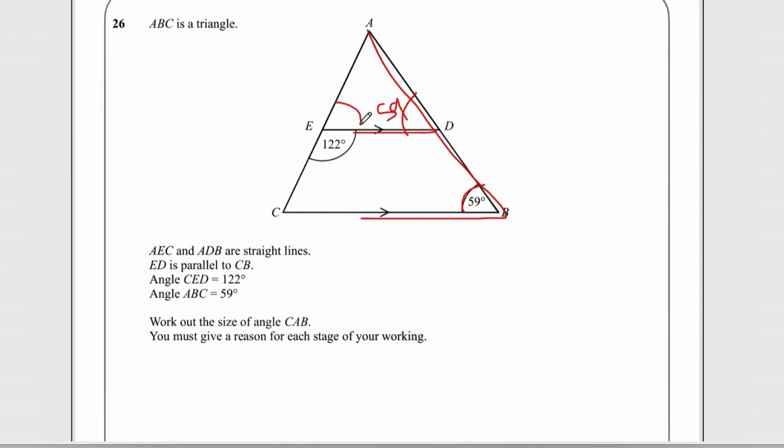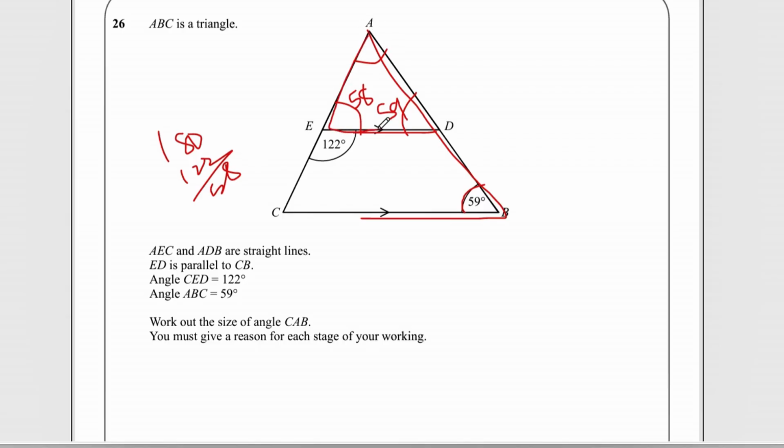And you can also get this using a straight angle. A straight angle has 180 degrees. Sum of angles on a straight line is 180. So 180 minus 122 over there will give us 58. So that angle is 58. Then they're asking for CAB, which is this angle. Sum of angles in a triangle is 180.